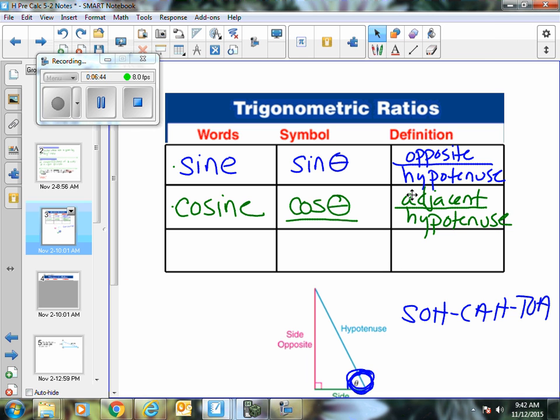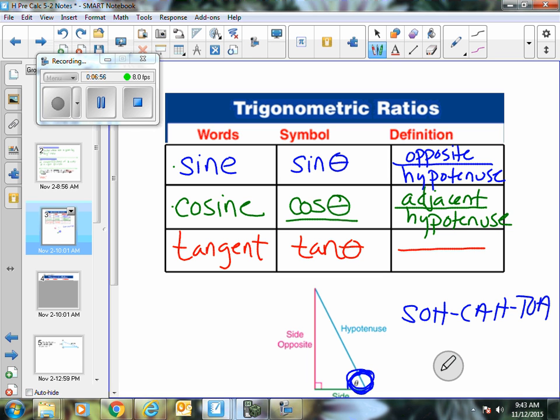All right, and the third one is called tangent. The name of the function is tangent. That's abbreviated TAN of theta, so tangent of theta when you say that. And the ratio for that one is opposite over adjacent. So we've defined these ratios so we're able to work backwards and solve what we need to. The ratios in those triangles are equal to those trig functions.